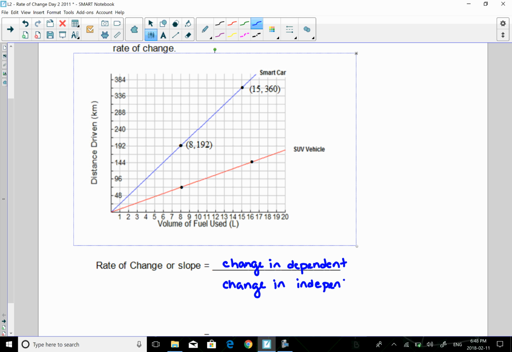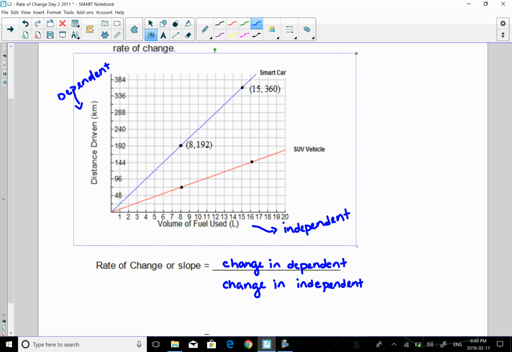In this specific case, our volume is our independent and our distance is our dependent. We know that from the scenario, but we also know based on the graph, because our independent is always on the horizontal axis and our dependent is always on the vertical axis.